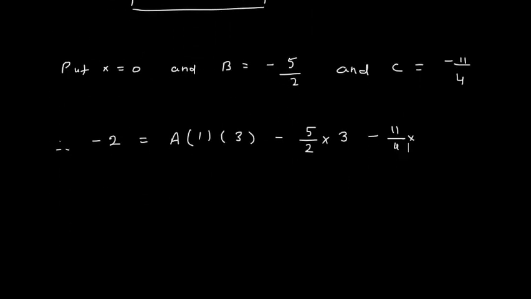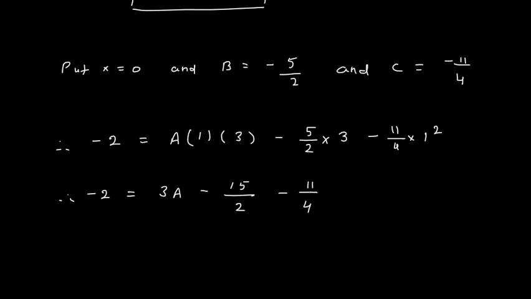So the value of x I have put 0. So it is 0 plus 1 is 1, 1 the whole square. So therefore here I have minus 2 is equal to, this is 3a, this is minus 15 divided by 2, and this is minus 11 divided by 4.